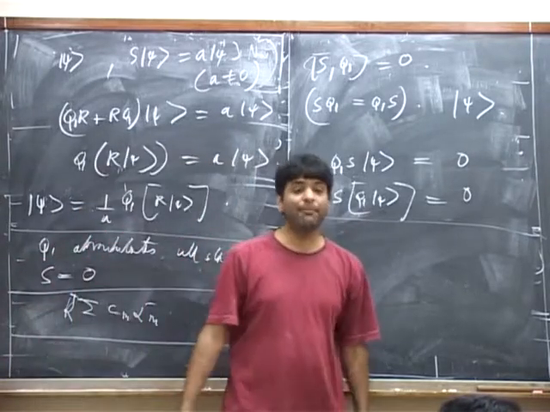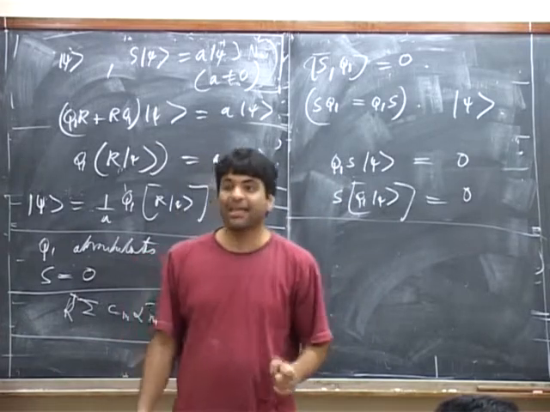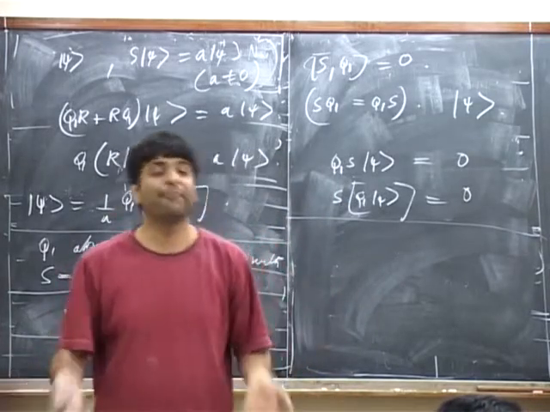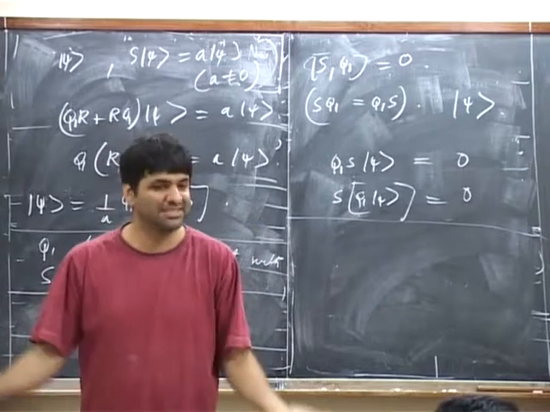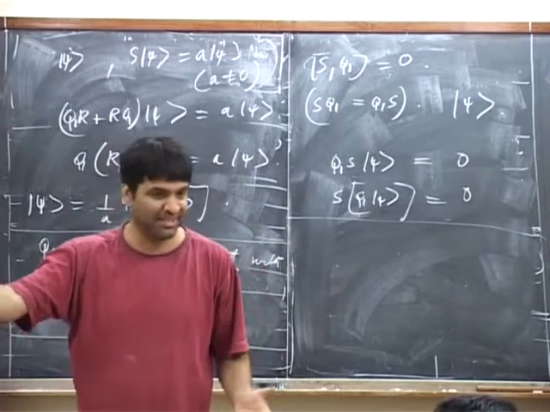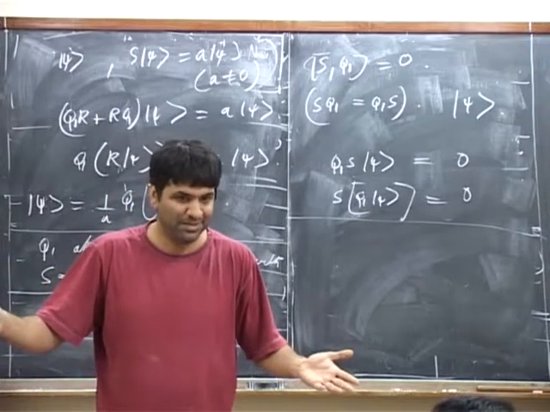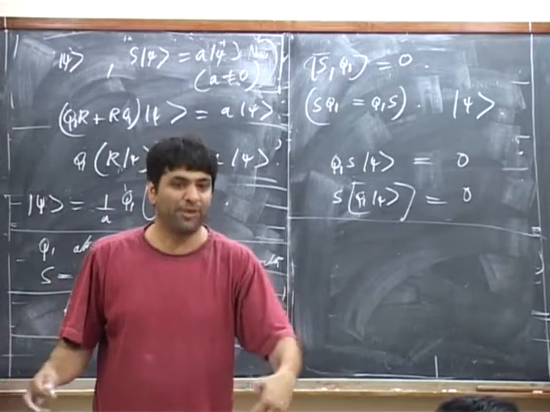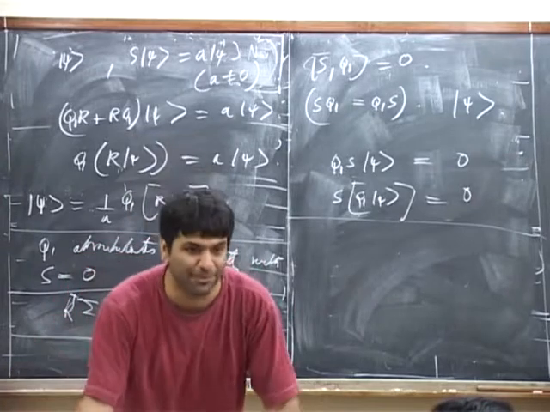Since Q1 has ghost number 1, Q1 psi can't have number of B oscillators and C oscillators equal to 0. What the number of B oscillators is and what the number of C oscillators is, we can't say. But the difference between them is 1, so each of them can't be 0.